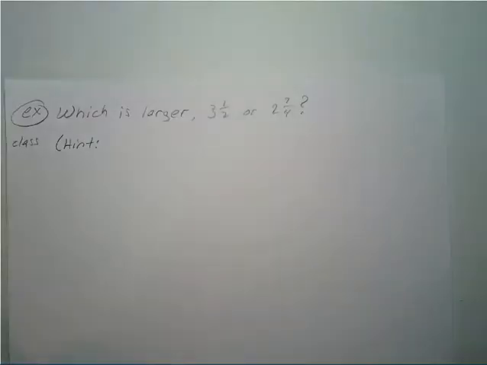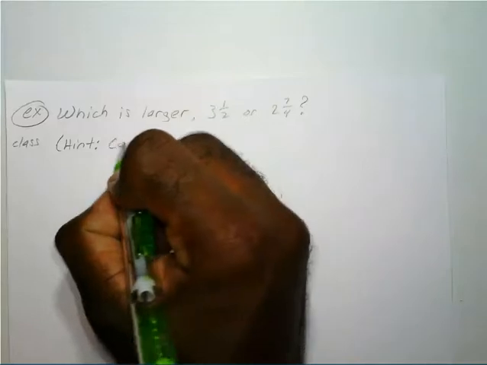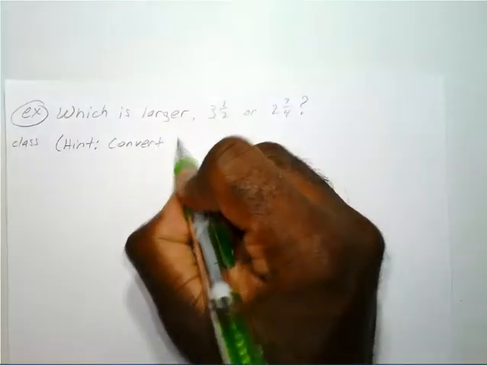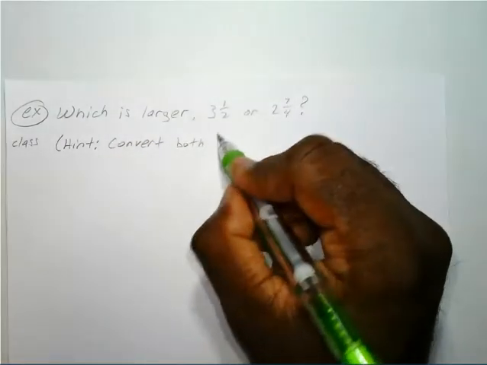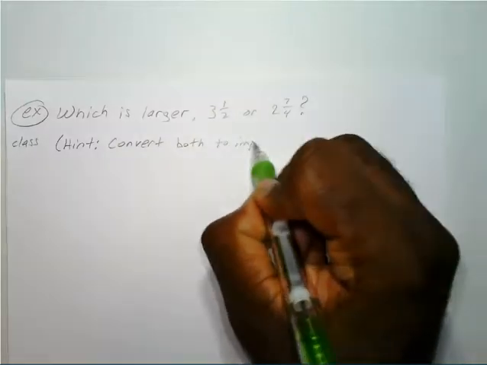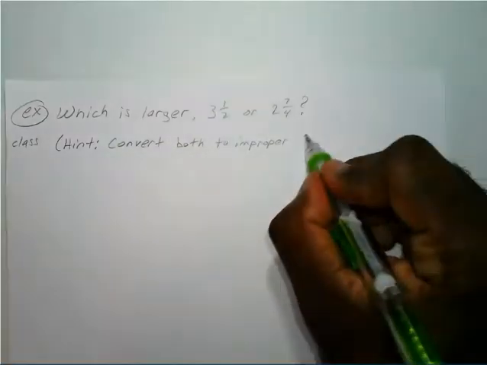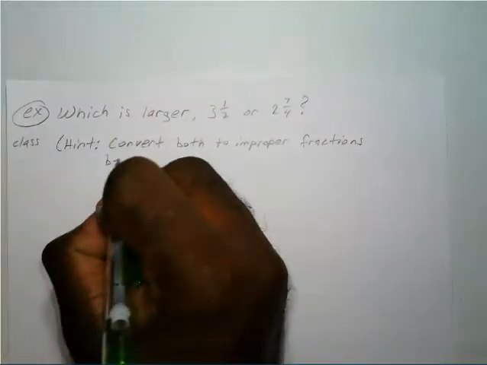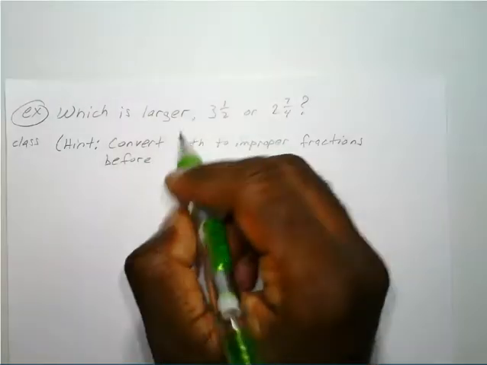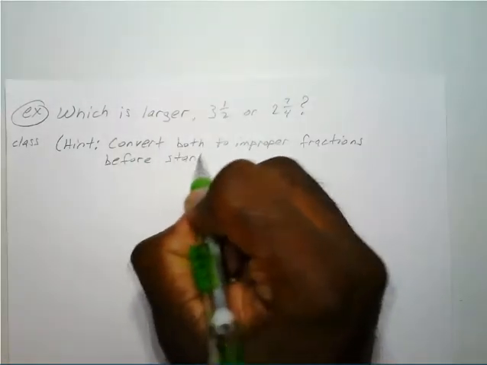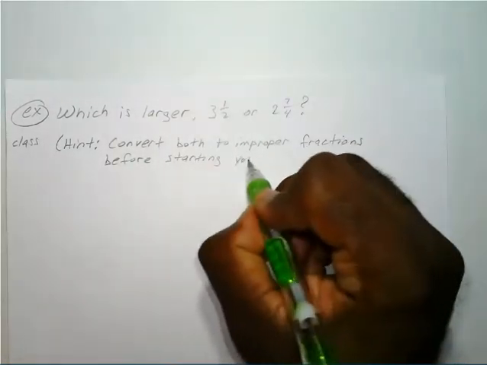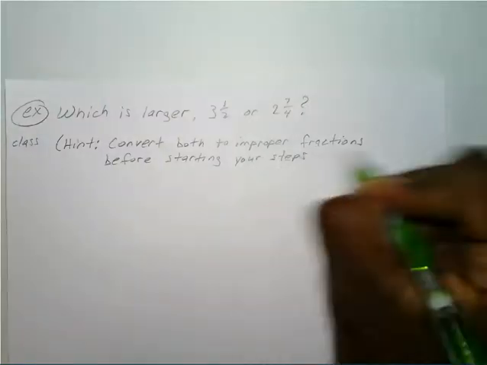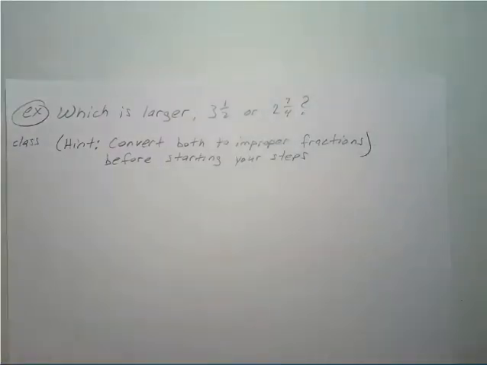When you have a mixed number and you want to find out which one is largest, you want to convert both to improper fractions before starting your steps. All right, so I want you to go ahead and press pause, and I want you to try and do this one on your own.